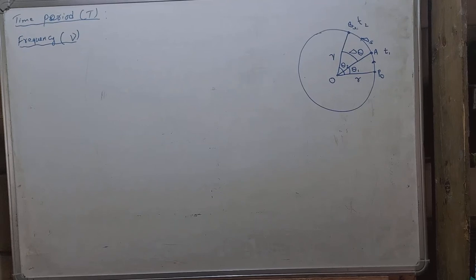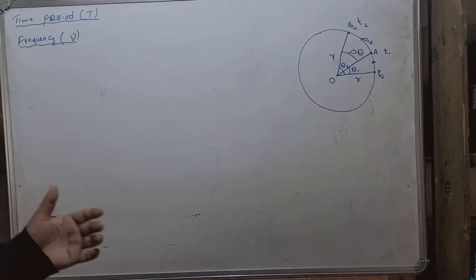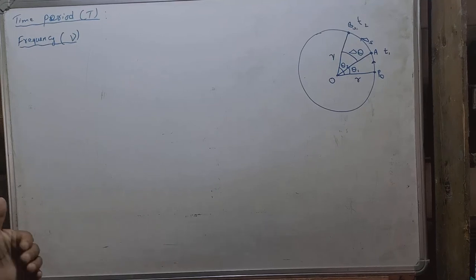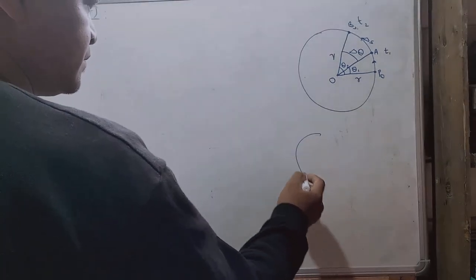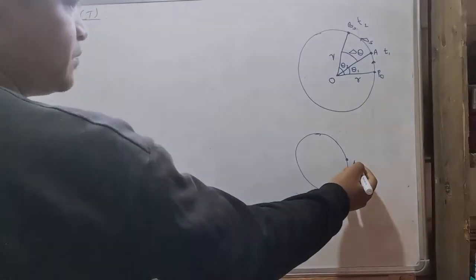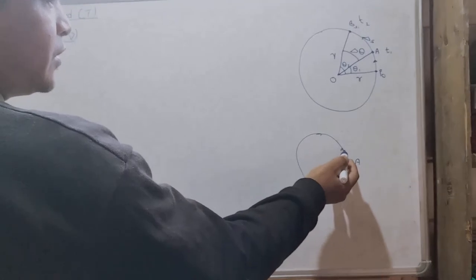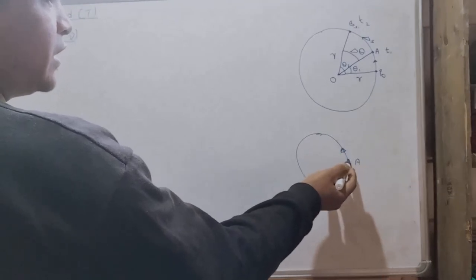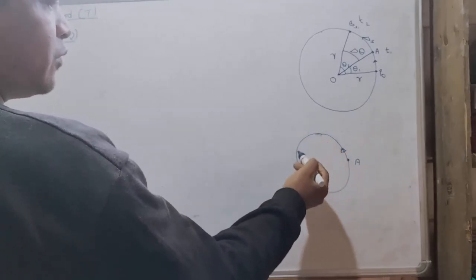Time period and frequency. A time period is defined as the time taken by the particle to complete one revolution. Suppose this is a circle. If the particle starts from this point A, it rotates along the circle anticlockwise.